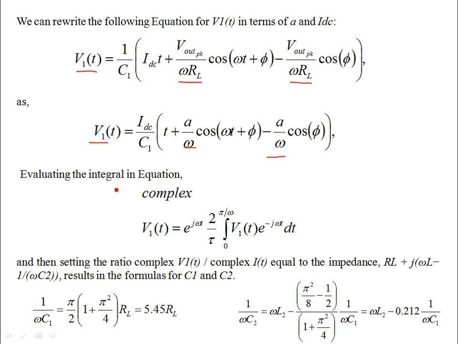Then evaluate the integral in the equation for the fundamental Fourier component, and set the ratio of the complex V1T to the complex I1T equal to the impedance. If you carry out some algebra, you can find the two equations that give you C1 and C2. So for example, if you are going to design a class E amplifier, you have these two equations.